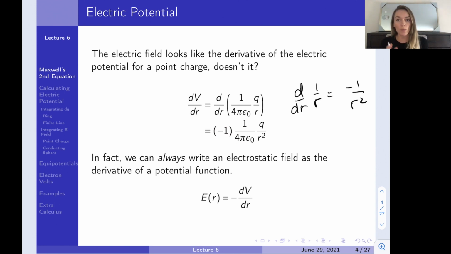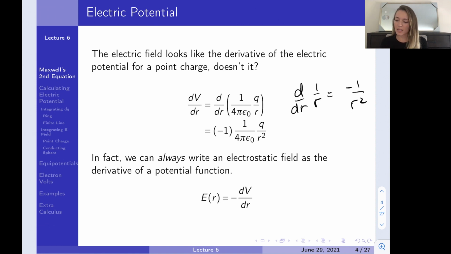We can always write an electrostatic field as the negative derivative of the potential, because we have to put that negative sign in there. This is very weird when you think about it, that an electric field, which is really a vector with 3 components, you can always write as just the derivative of a scalar function.